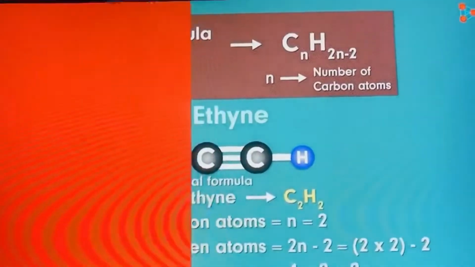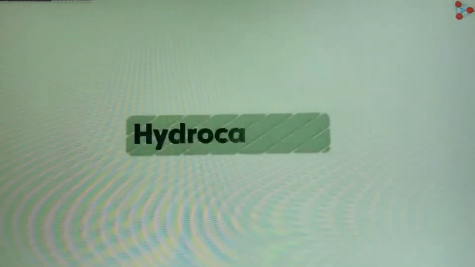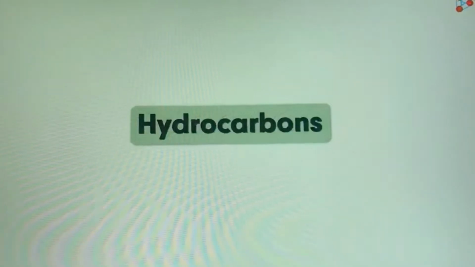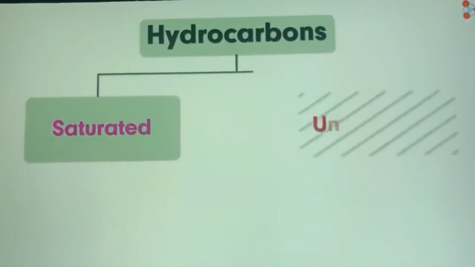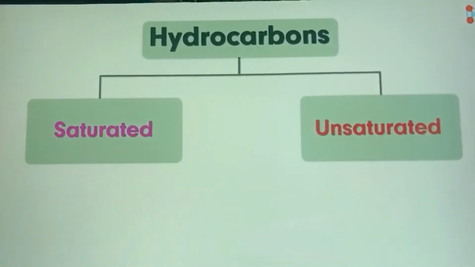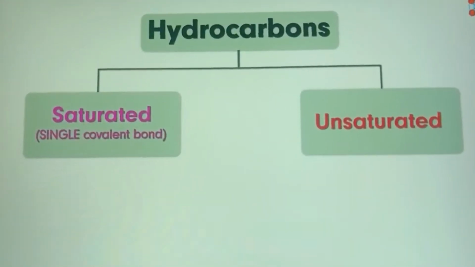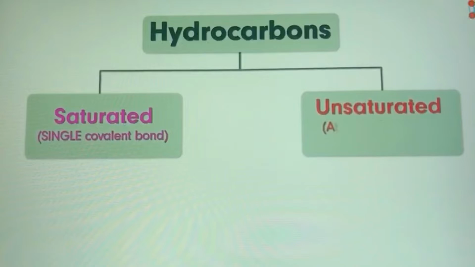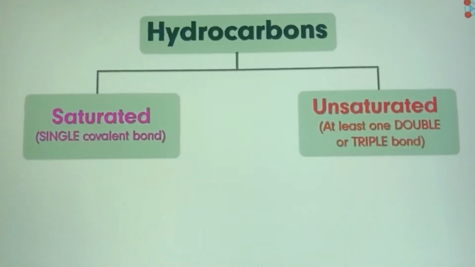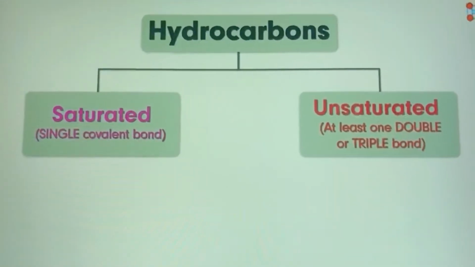Let's quickly review what we learned. Hydrocarbons are classified into 2 categories: saturated and unsaturated hydrocarbons. Saturated ones have a single covalent bond between carbon atoms, and unsaturated ones have at least one double or triple covalent bond between carbon atoms.